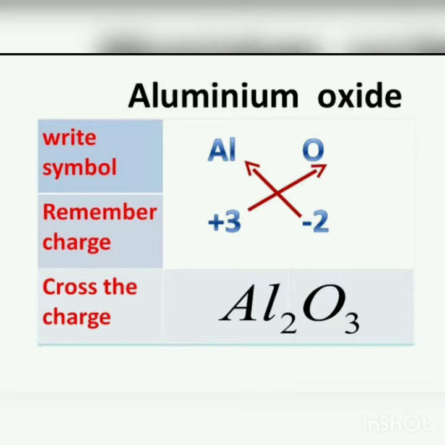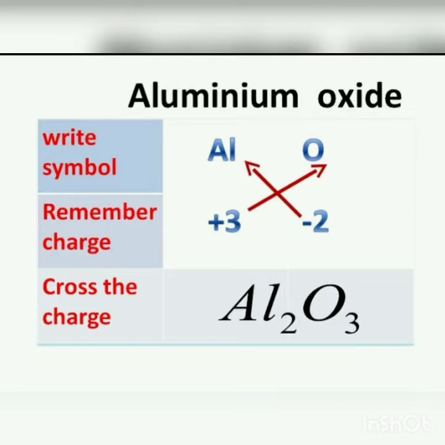Aluminium oxide is an ionic compound made up of aluminium ions and oxide ions. The aluminium ion has a valency of +3, whereas the oxide ion has a valency of -2. So, the formula of aluminium oxide can be written as follows.